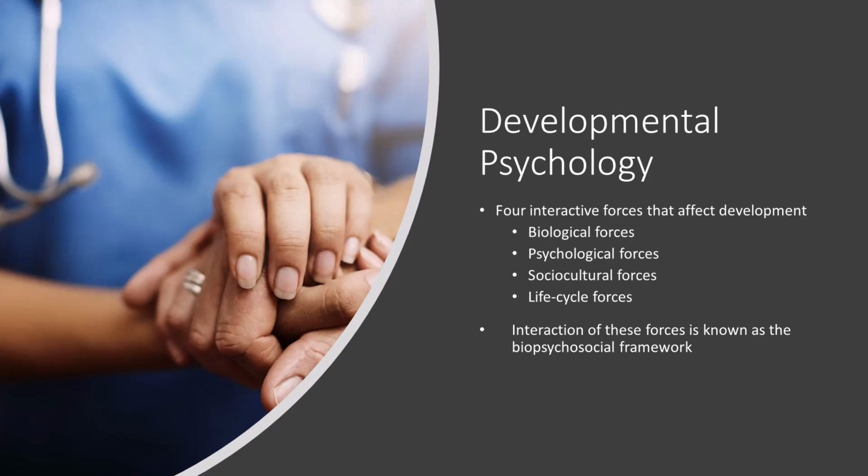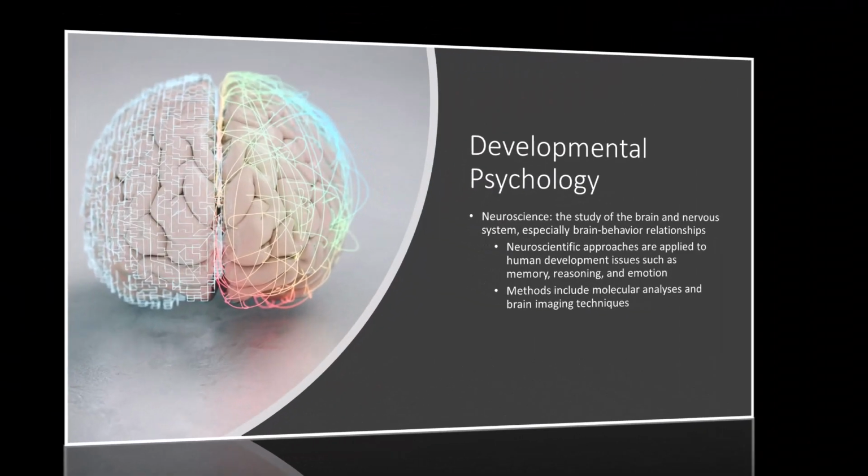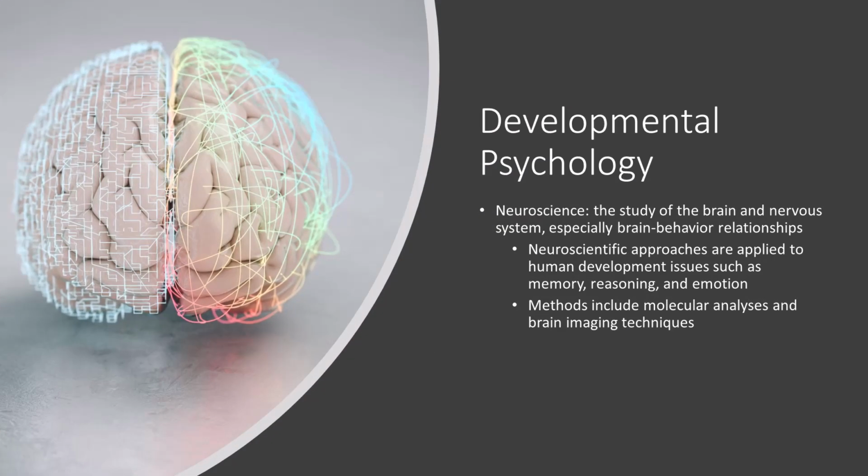Now, an amazing tool we have to understand development, and a field that has emerged more recently, is the field of neuroscience and the tools that this field brings with it, like fMRIs or functional magnetic resonance imaging and EEGs. Now, neuroscience is simply the study of the brain and the nervous system, especially looking at the brain-behavior relationship.